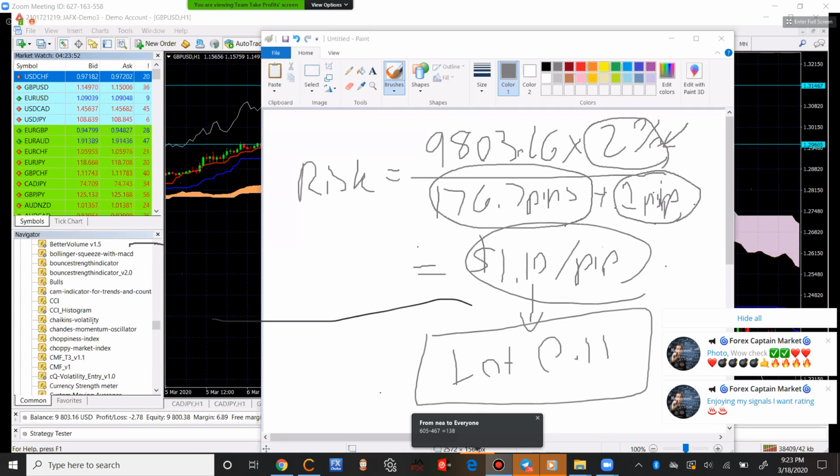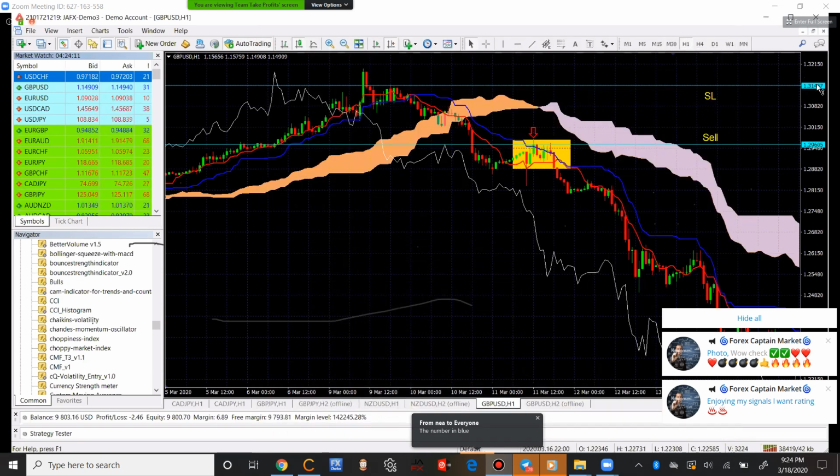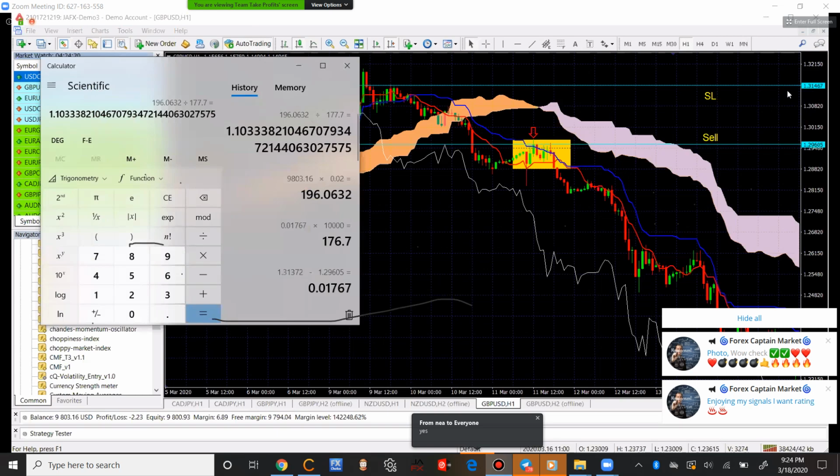Where'd you get the 605, 467 from? The number on the number is blue. Are you talking about these two guys, or the number in the blue? Okay. All right. So let me go through. I might have accidentally moved the blue line here, so the numbers can be different.